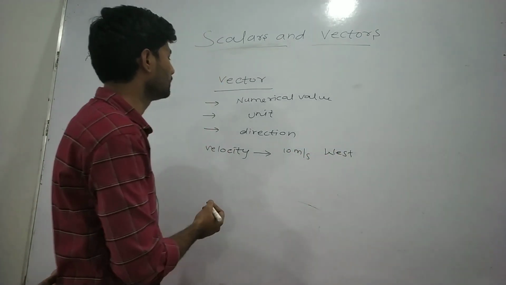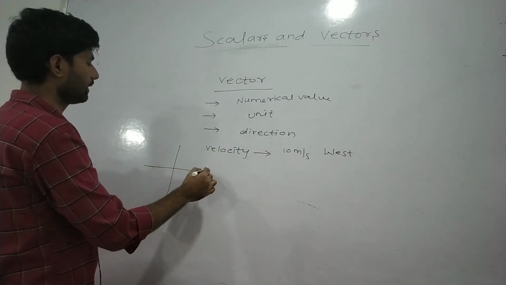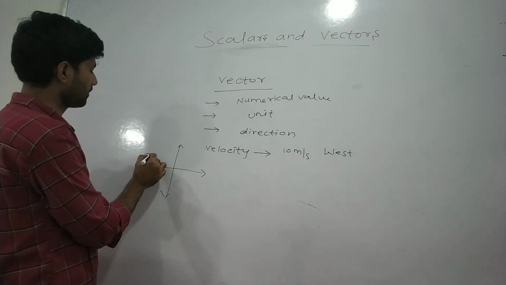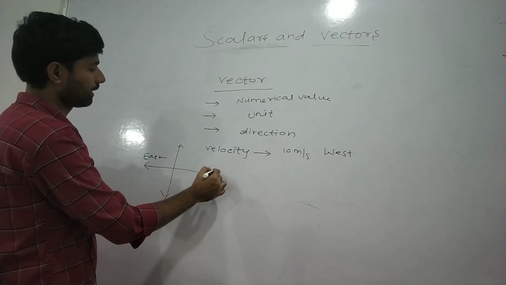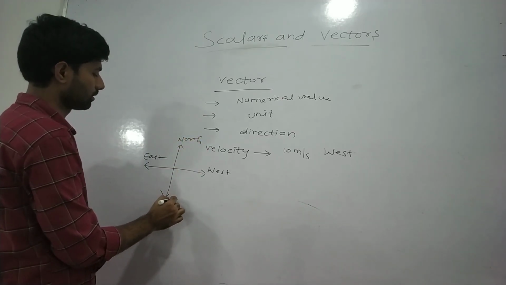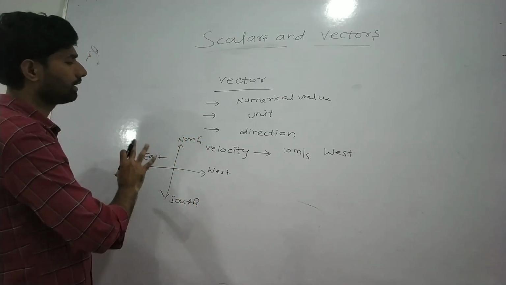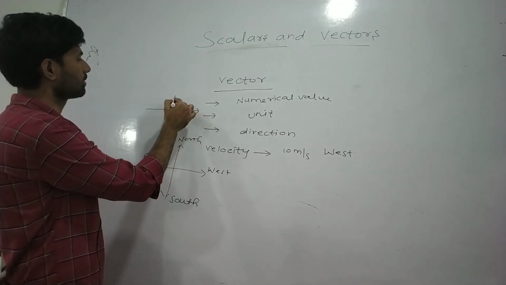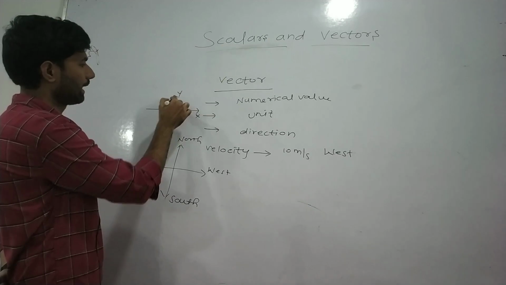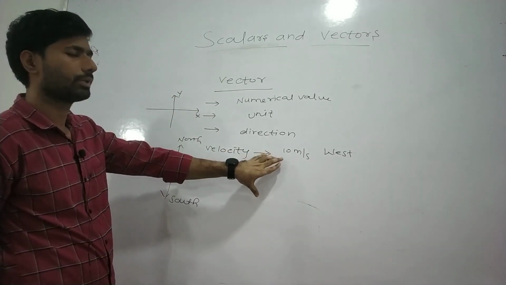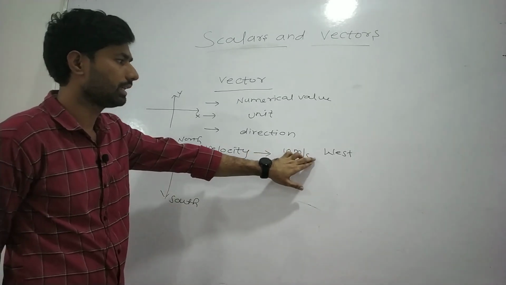So already you know that here we are going to write the directions: east, west, north, south. So these are the directions we can specify. Otherwise, in terms of x-axis and y-axis also we can specify the directions. Now for example, the object is moving with 10 meter per second in the west.